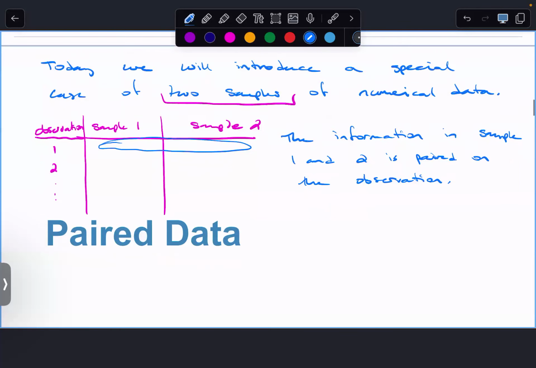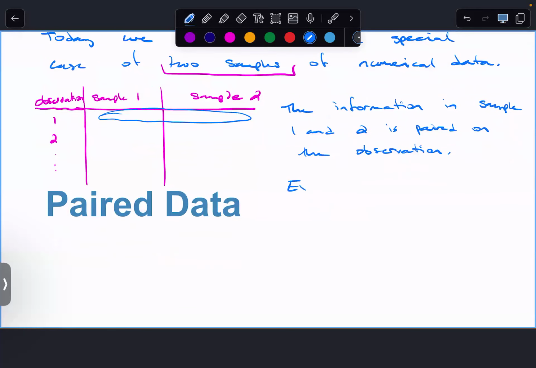Some common examples where we have paired data are things like pre and post scores. And so you write a test and then you have some tutoring or whatever, you study, and then you rewrite the test, a different test, but similar.